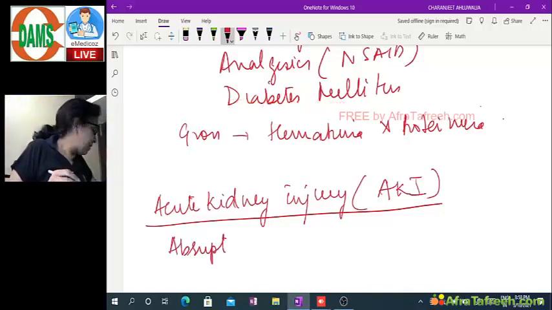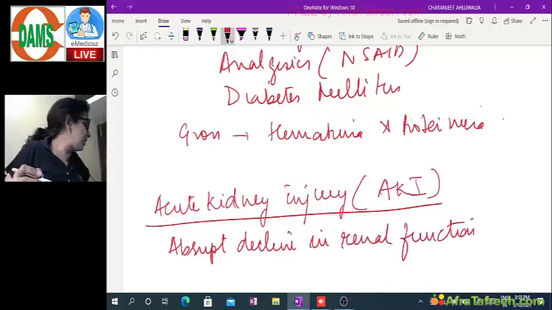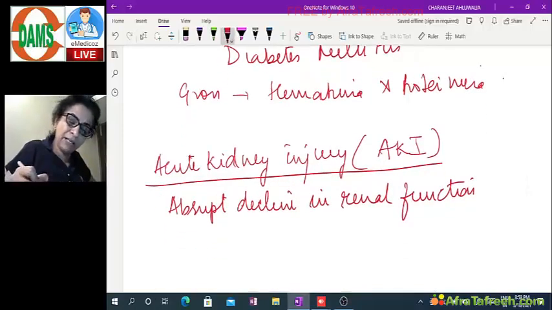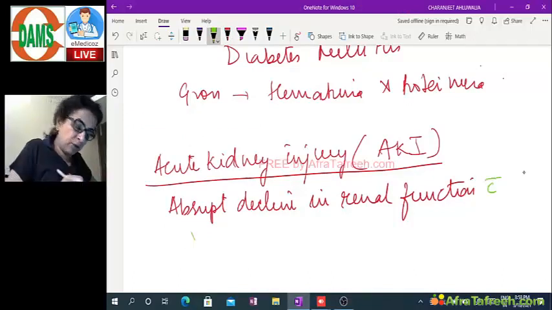The kidney gets injured, so renal function declines, as seen by increased creatinine and BUN. So it is a rapid decline in renal function with azotemia.